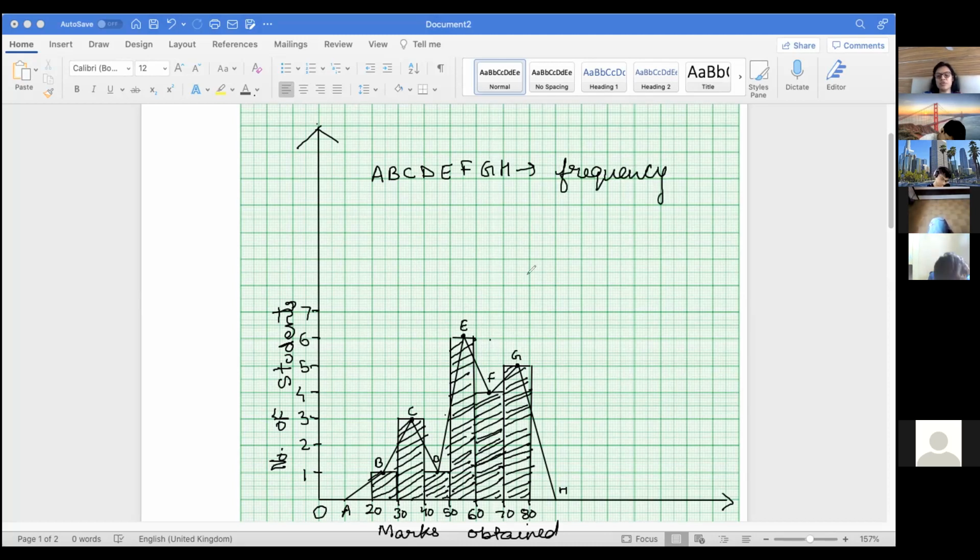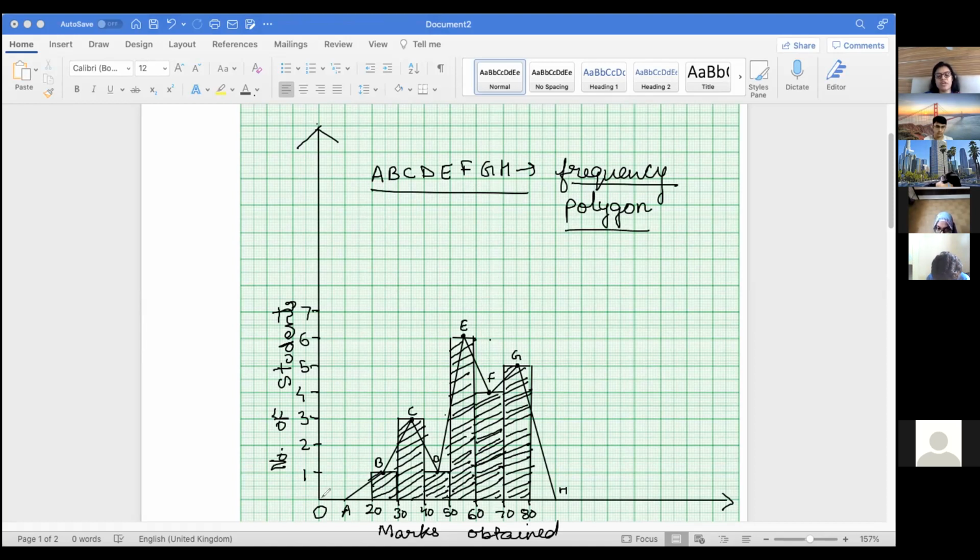Once you draw a histogram on the graph paper, it is easier to draw the frequency polygon. But suppose it is asked in the question to draw the frequency polygon without drawing the histogram, then it is different. Let us see.